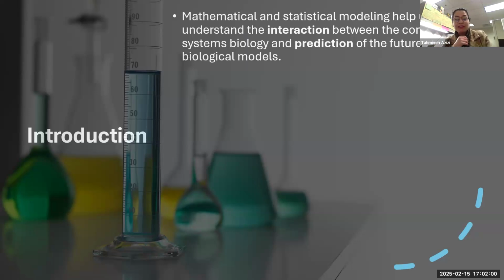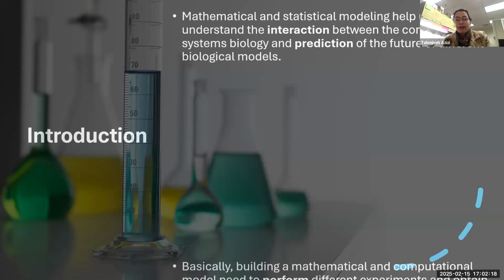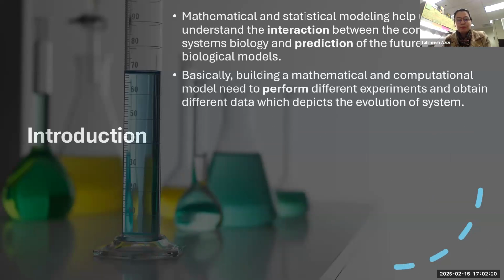At the end, we use the mathematical model we develop to predict the future of different biological models, because we don't want to sacrifice more animals. That's a simple reason for having a mathematical model. Having this model helps us predict the future of a biological system.